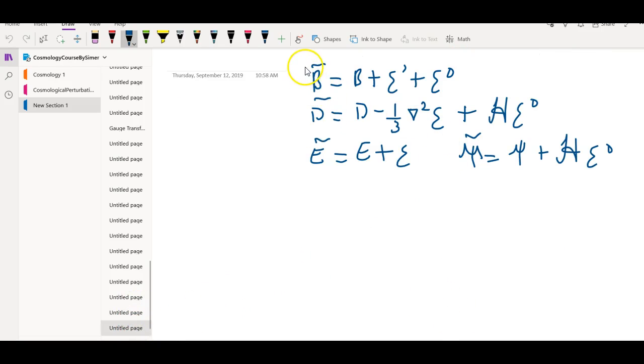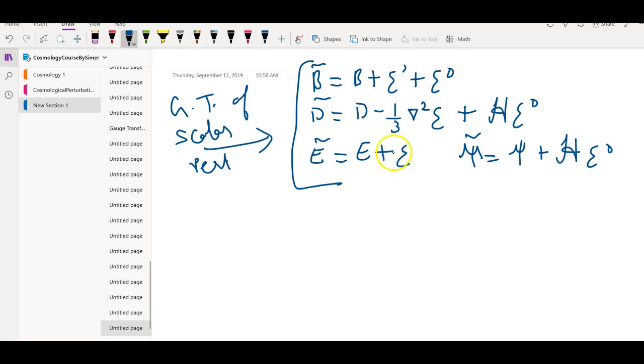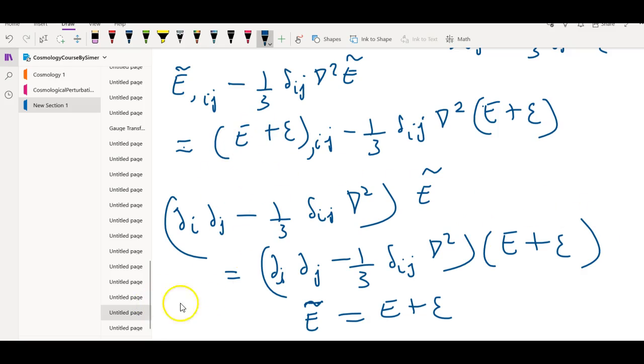Next we have the gauge transformation of scalar perturbations. That is what we just saw: when you do the gauge transformation of scalar perturbations, the equations look like this. And by the way, this equation is very simple once you have derived all the big equations.